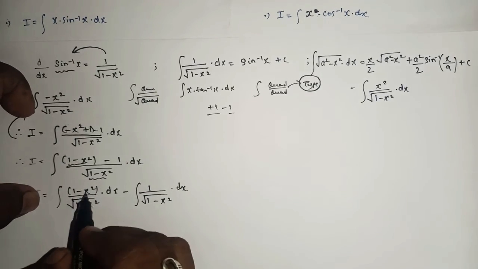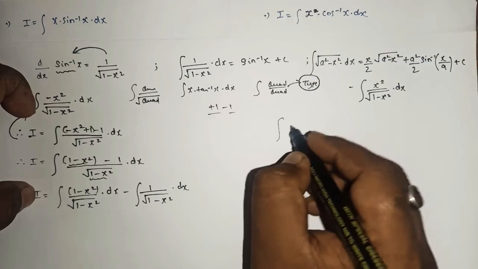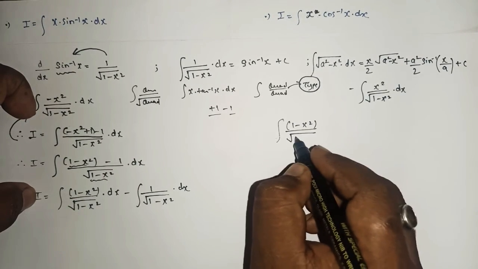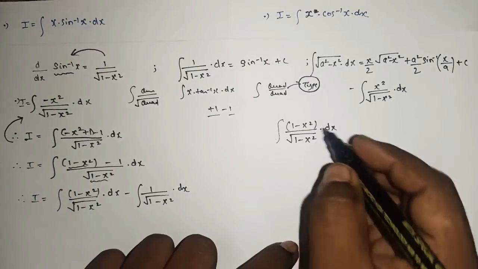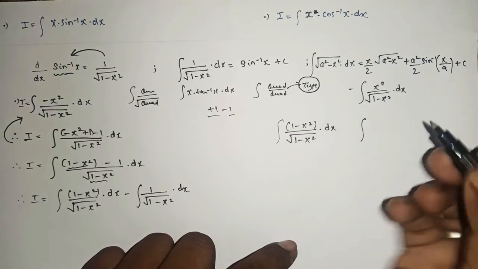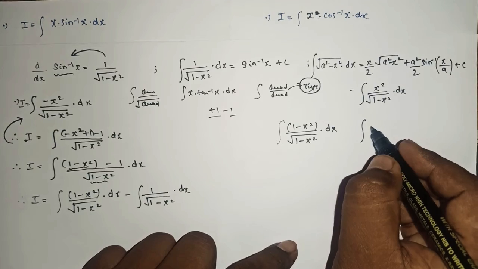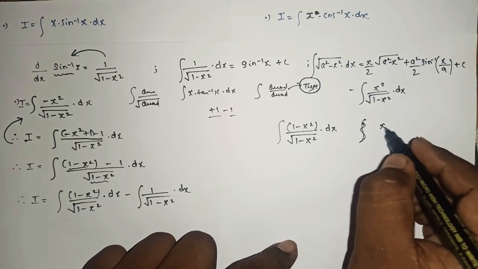Okay, so now I will solve this part separately. Okay, listen here. 1 minus x square upon root 1 minus x square into dx. So now suppose I will replace this whole section by x.